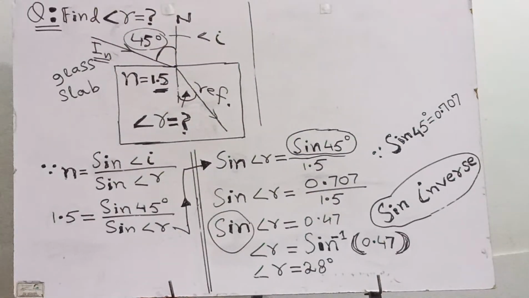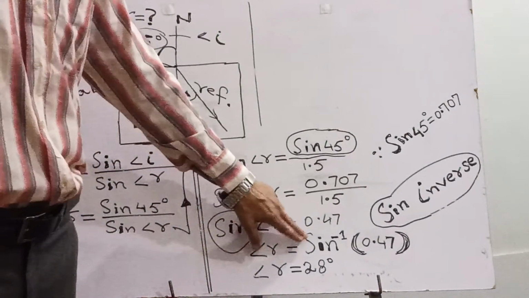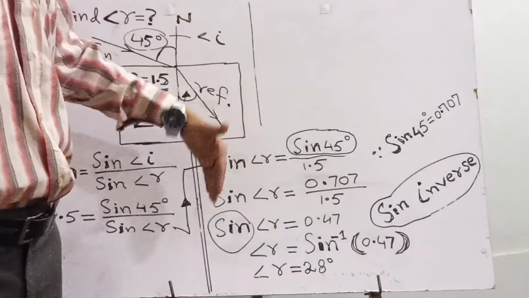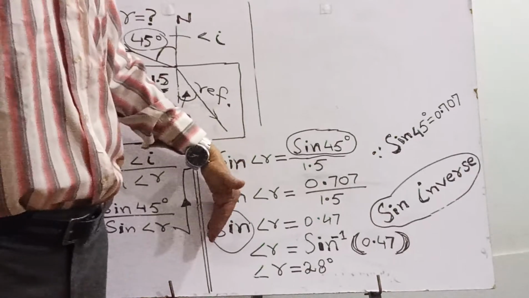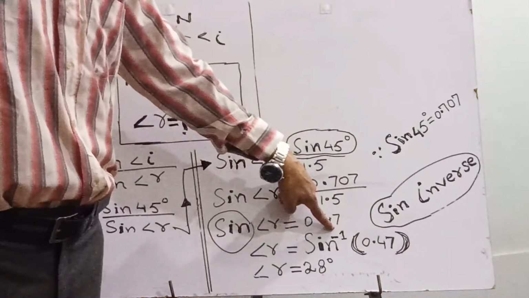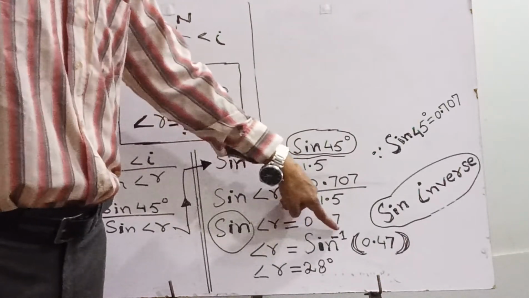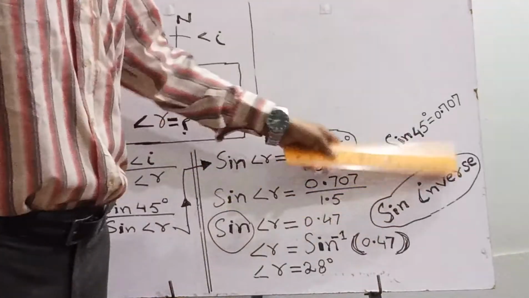Now once again let me say that this is the sine function, but this is the sine inverse function. When the sine changes its side and is taken from the left side to the right side, then this minus 1 appears on the sine function. And this sine minus 1 is called the sine inverse function.